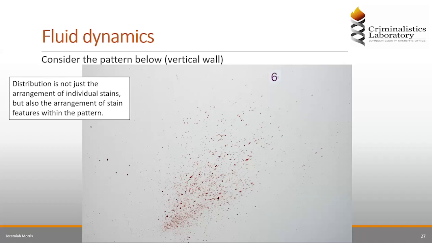What I see here is a lot of really, really fine stains in this small area. If we were to look at the broader pattern, we'd see that as we move further away from that highest concentration of stains, the average stain size actually gets larger. It's the opposite of a drip pattern. Here they're getting larger, and those really small stains are very close to the area of convergence.